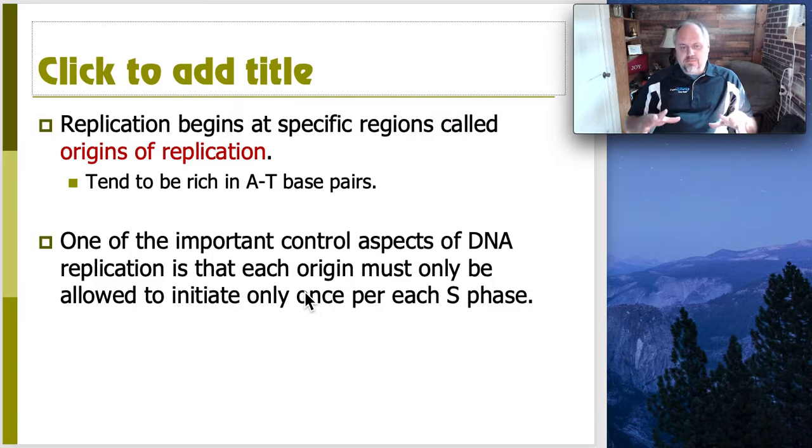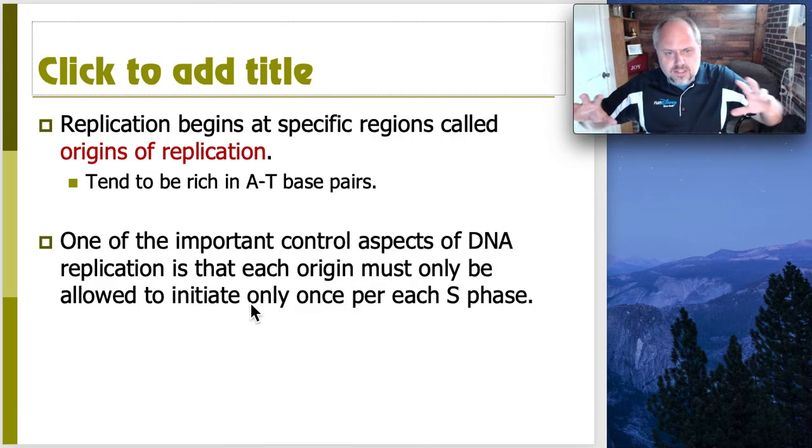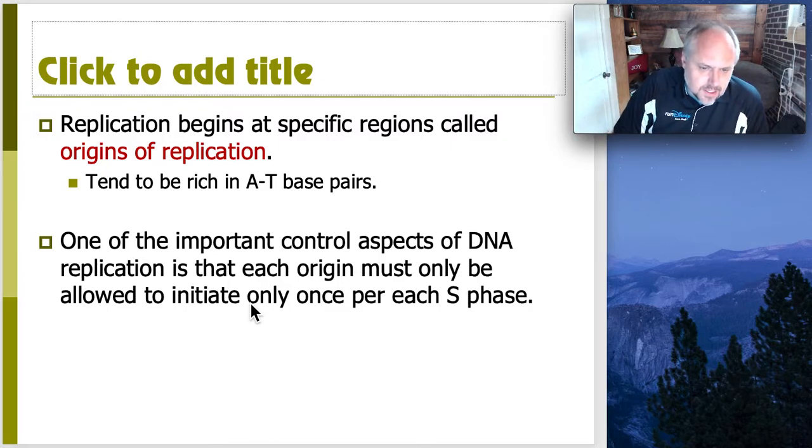This is an important piece because of the problems that could arise if we duplicated our DNA more than once, so we end up with multiple copies, which can obviously cause an issue for those daughter cells. So if we are actually going to begin at multiple areas across the chromosomes, then it makes sense that we would have to have some mechanism in place to make sure that we only do each one of them once.